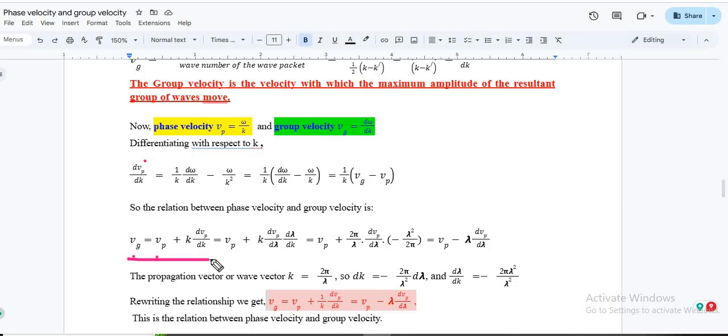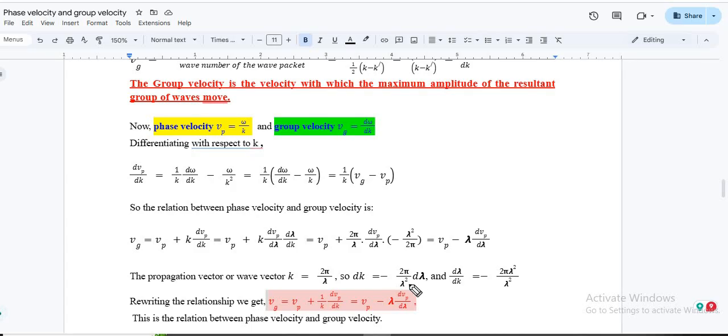So we have this expression. Now what are we doing? We have dVp dk, and rewriting this as dVp d lambda times d lambda dk, using the chain rule. Now what is d lambda dk? k is given as 2 pi by lambda, so dk d lambda is minus of 2 pi divided by lambda square.